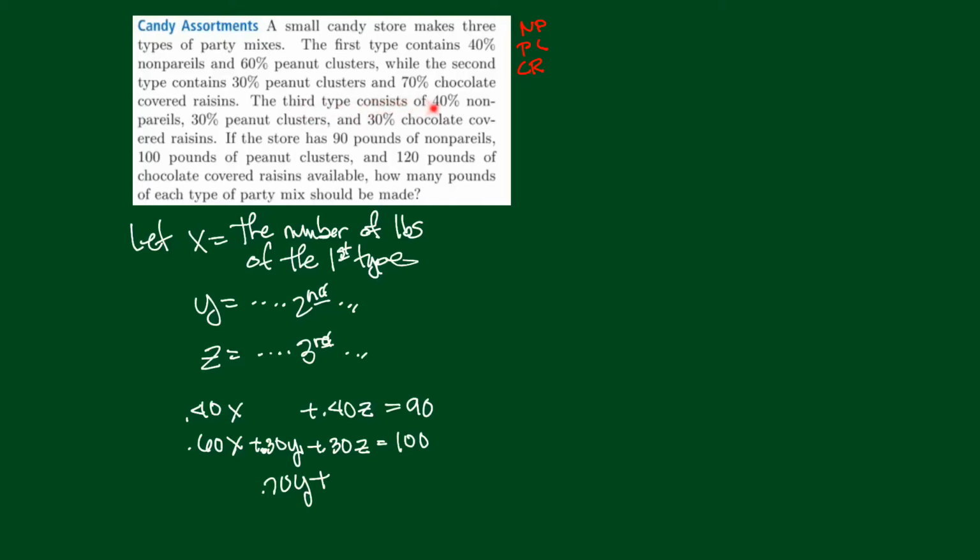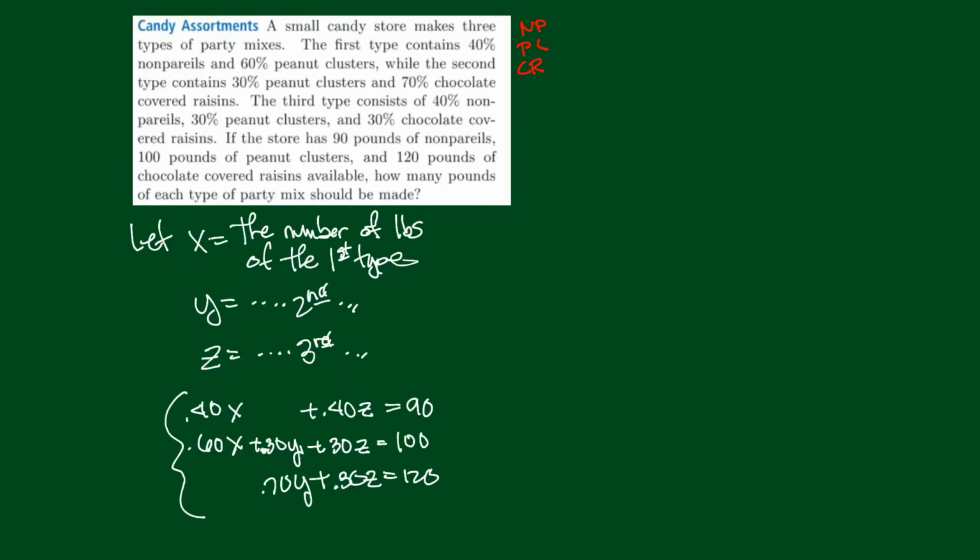The third type has nonpareils, peanut clusters, and 30% chocolate-covered raisins. All together, down here at the bottom, we got 120 pounds of chocolate-covered raisins. Okay, there is our system.